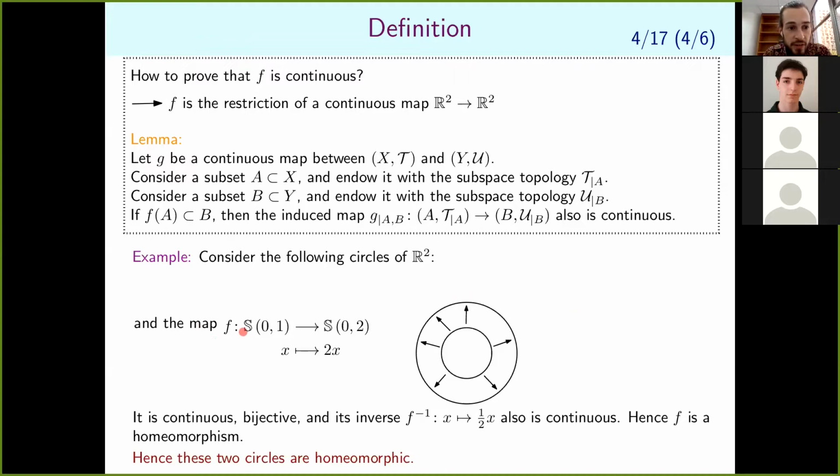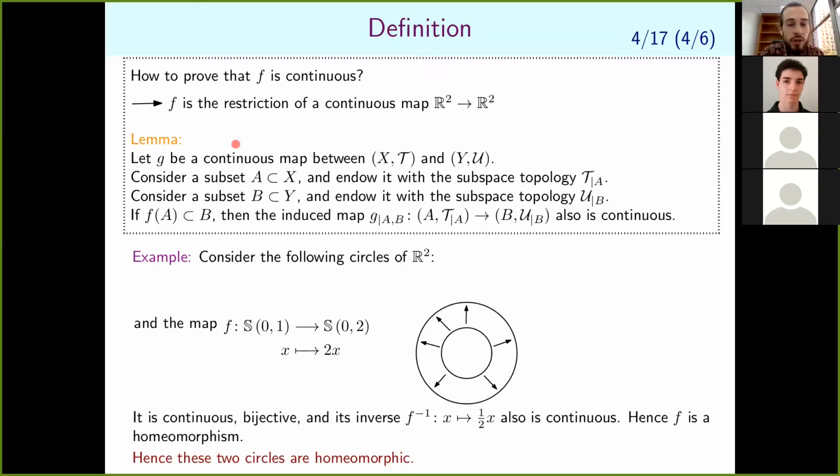Because you can see that this map f is the restriction of a larger map between R2 and R2, which is simply the map that maps x to 2x. And we know that this is continuous. So its restriction between the two circles also is continuous.